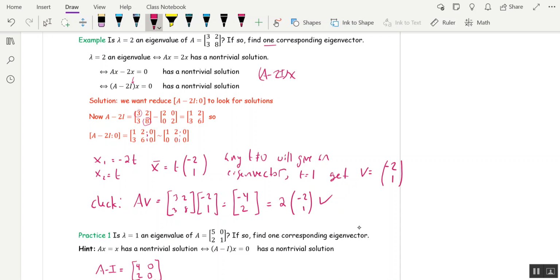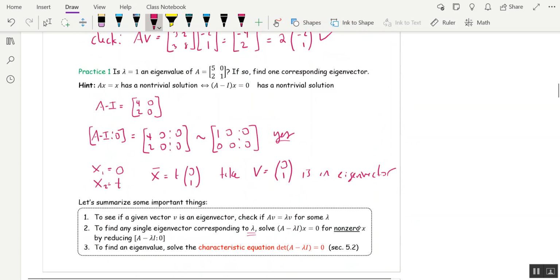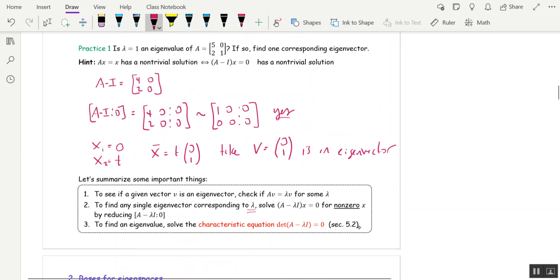When I get to this, I see I have a consistent system, so I would say yes, and then go on with the rest of my solution. But going back to what we're looking at, if you're given lambda, what you want to do is solve A minus lambda I times x equals 0 by reducing A minus lambda I augmented with 0. If that's consistent and you have a non-zero solution, then any non-zero x will be an eigenvector.